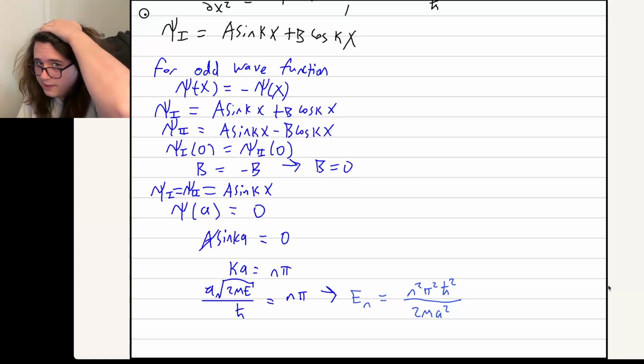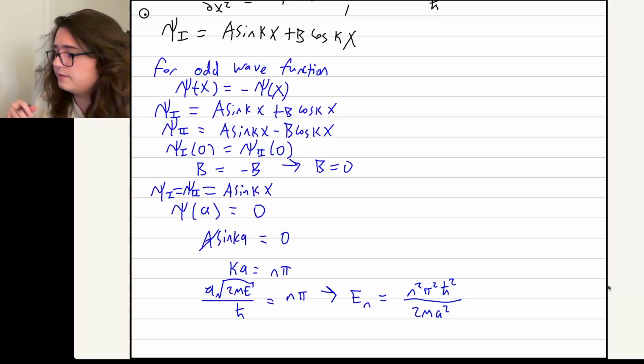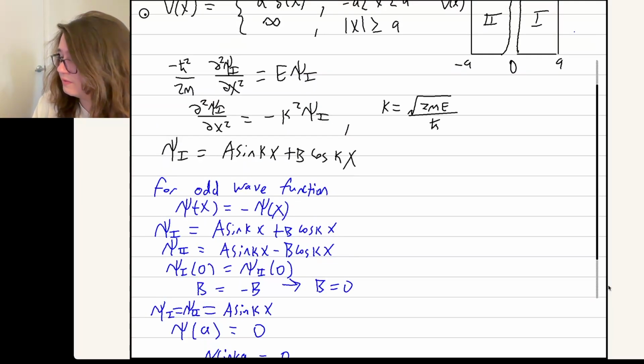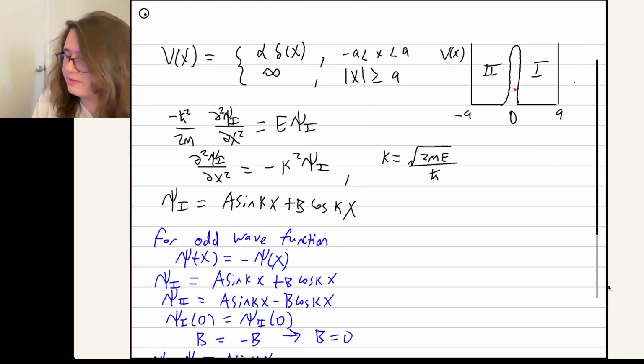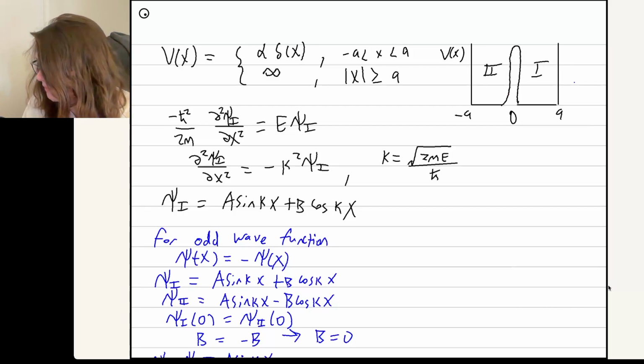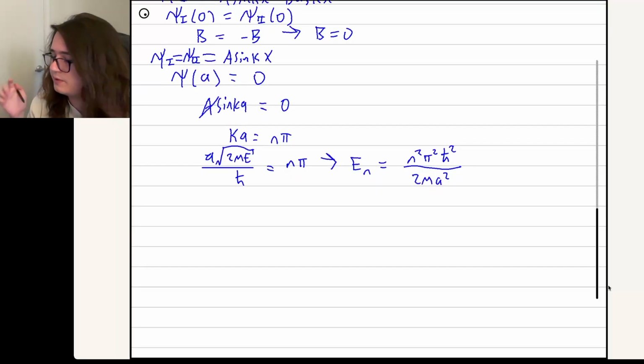Nothing's changed there, and that's because for odd wave functions, the wave function is always 0 at x equals 0 anyway, so the delta function potential doesn't even really come into play, which is why it hasn't really changed.